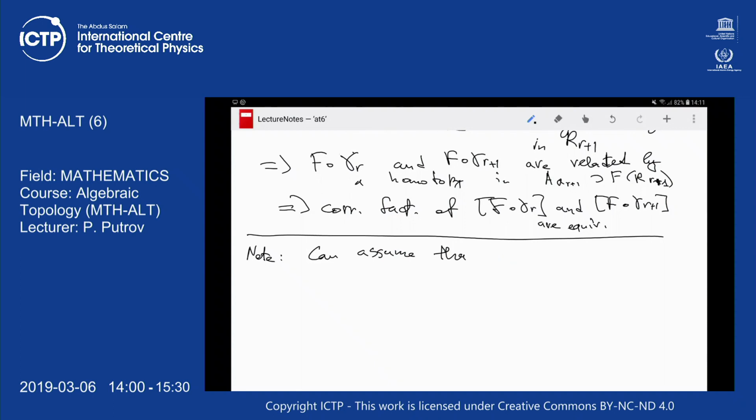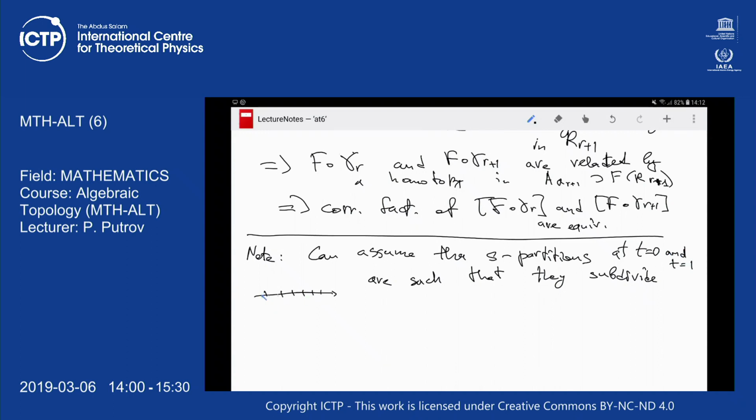the partitions, which means the horizontal partitions, are such that they subdivide the partitions at t equals 0 and t equals 1.